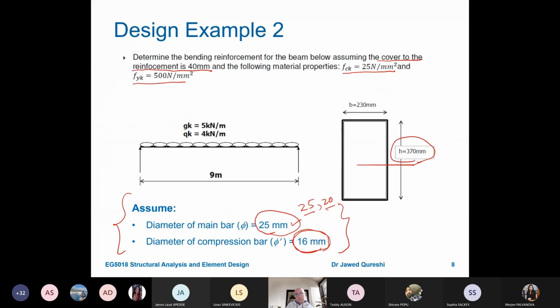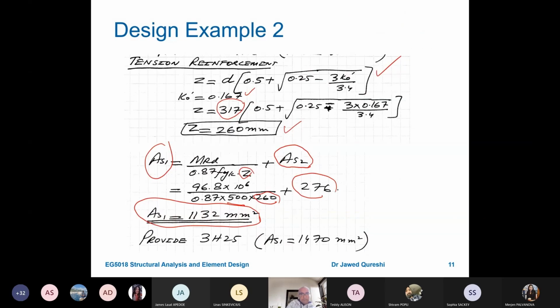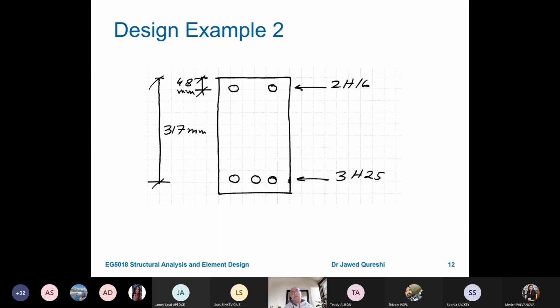The chances are that it will have a minor effect, not a huge impact. So then provide H25 bars. Finally, you will draw this diagram. You will draw the value of D that you found and the value of D2. The bottom bars are 3H25 and the top bars are 2H16. In that way, you have designed this doubly reinforced beam.